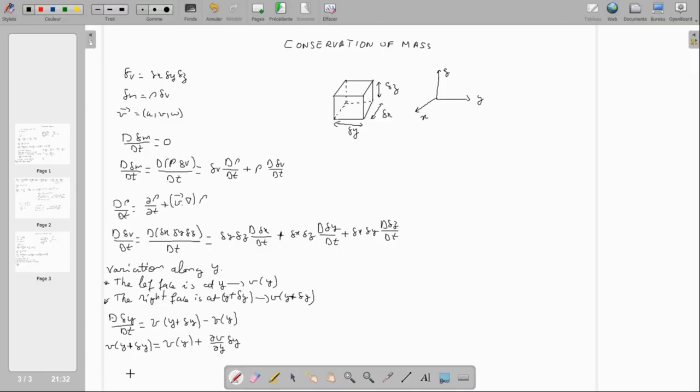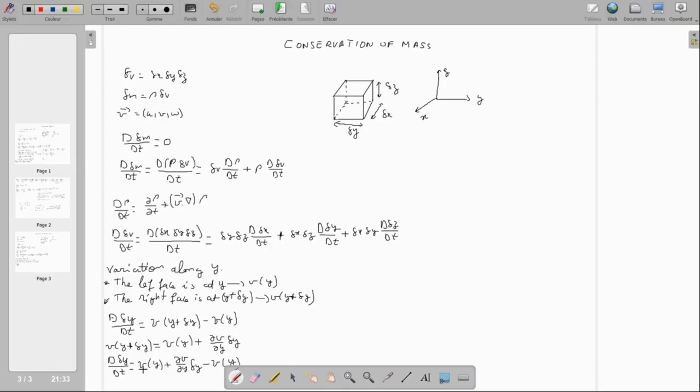So when we subtract v_y in this expression, we get d delta y over dt equals v_y plus partial v over partial y times delta y minus this velocity v_y.